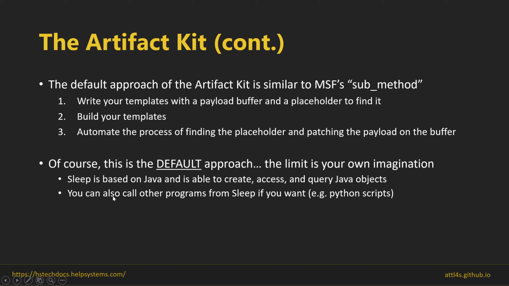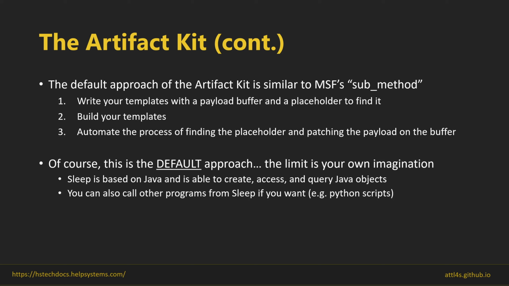The good thing about Cobalt Strike is, of course, we are using Sleep, and we have all the Aggressor functions from Cobalt Strike. So the benefit of Cobalt Strike compared to Metasploit is that we can encrypt with different functions, we can encode with different functions.